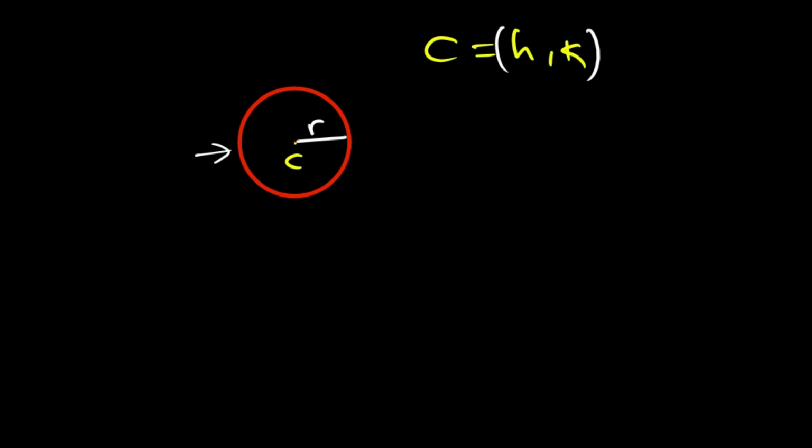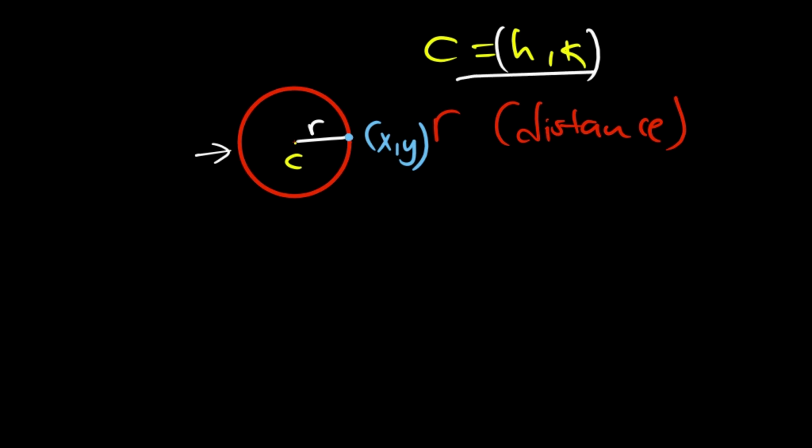Okay, so if we're to find the radius in terms of a distance, of course we know the radius is like a distance, right? So the radius being the distance, and let's say any point on the circumference is x comma y, and then we know of course our center is h comma k.